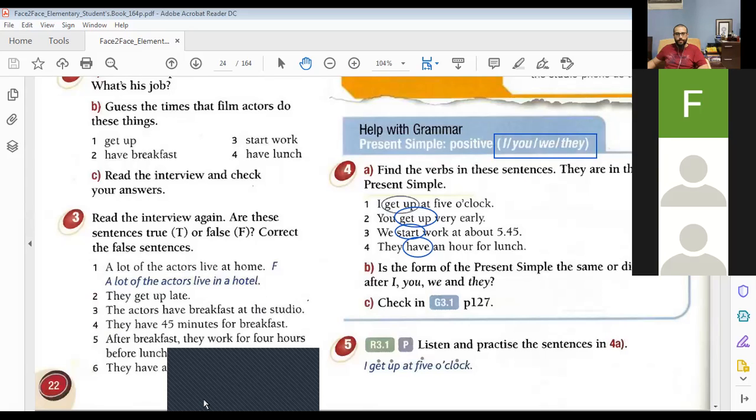I get up at 5 o'clock. You get up very early.